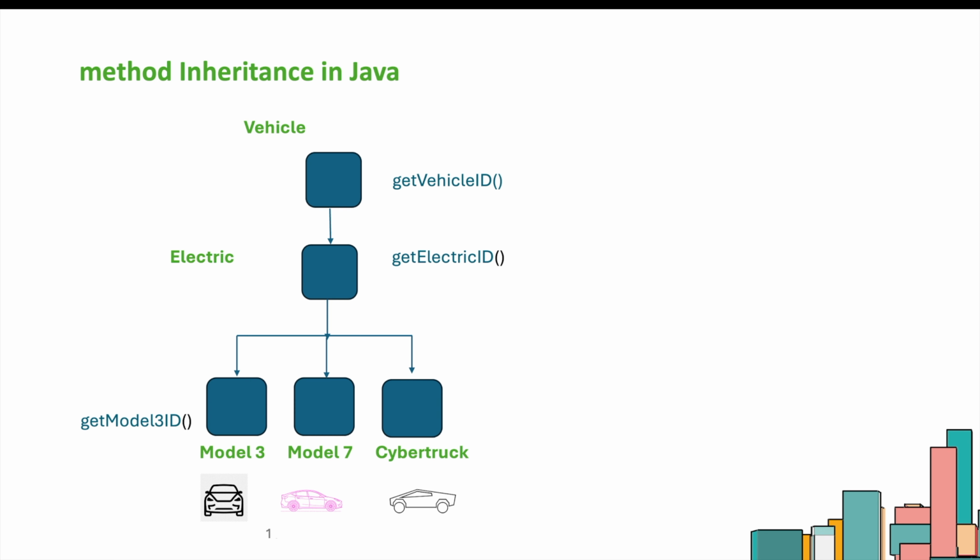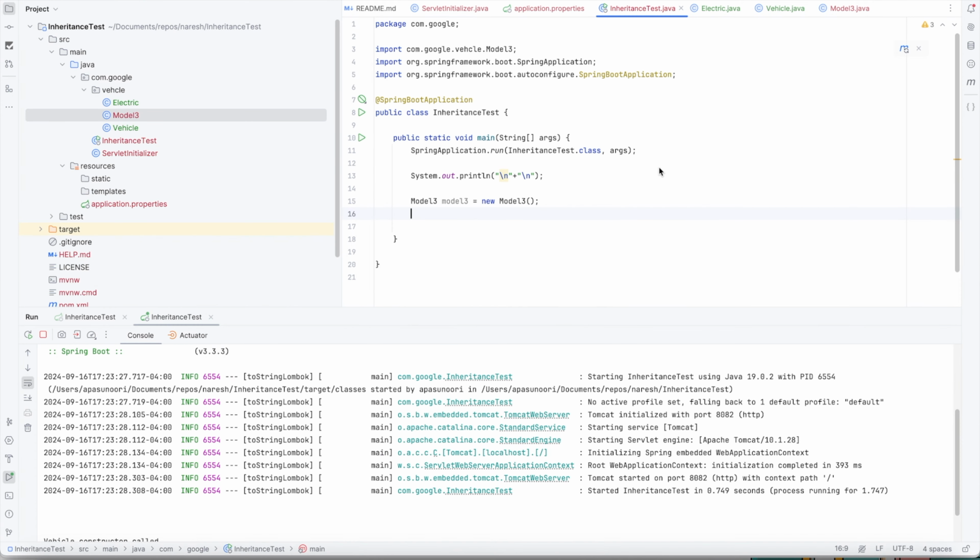So Model 3 can access get Model 3 ID as well as get electric ID, because electric is a superclass for Model 3, and the Model 3 class can still access get vehicle ID because vehicle is also a superclass for Model 3. Let's look at the code. In the previous example we have created this object. Let's rerun this.